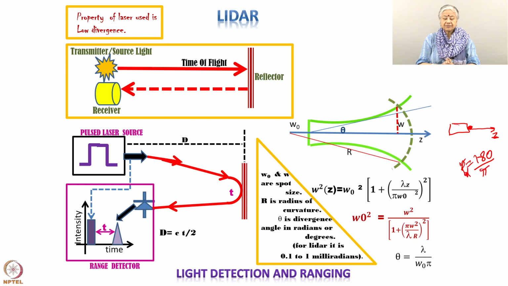Okay, so, you just have this conversion from radians into degrees, you can just multiply or divide by 180 by pi. So, you get that conversion part. So, a 0.1 milliradian is very tiny.